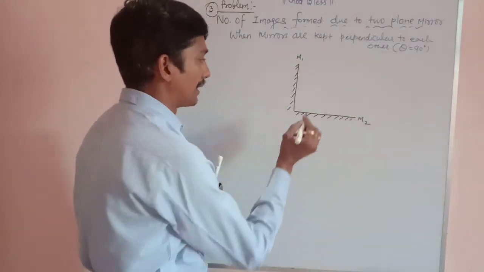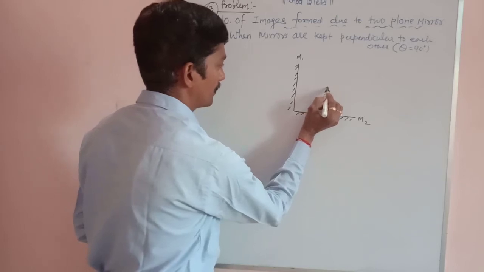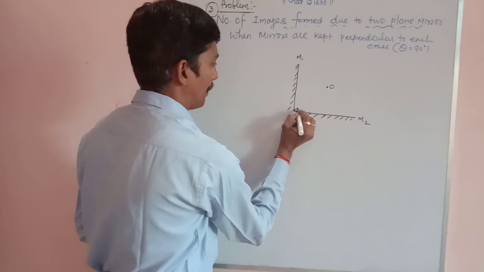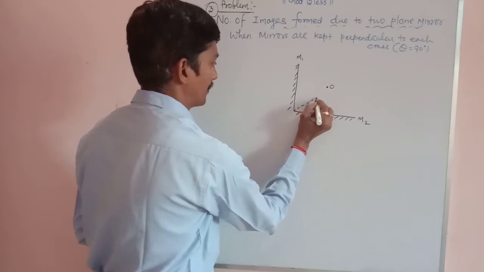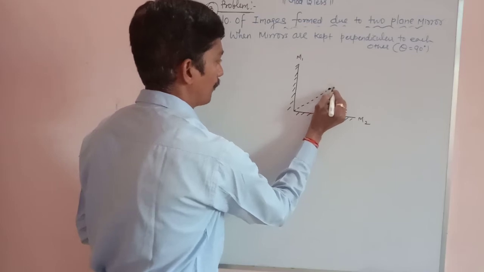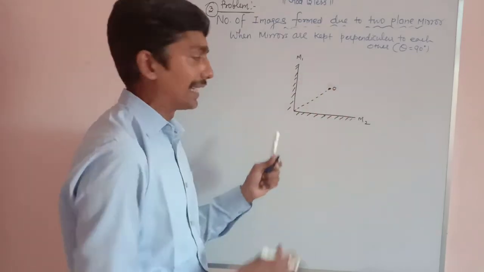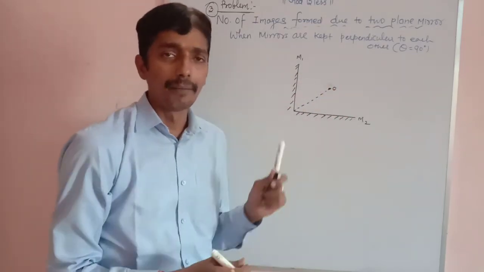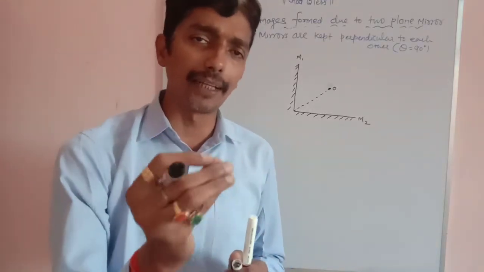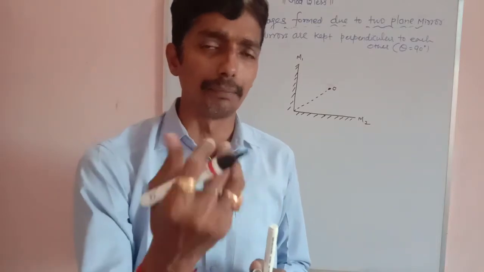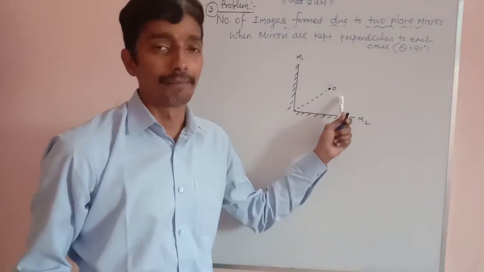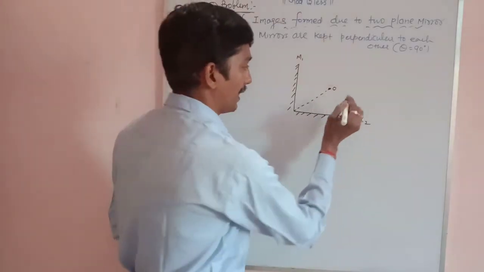And I am taking the point object over here, which is on the perpendicular bisector of mirrors M1 and M2. I can keep this object anywhere, but right now, as I told you in my earlier videos, first I am taking a small, simple numerical, and then we will go for a complex one. So this is simple.